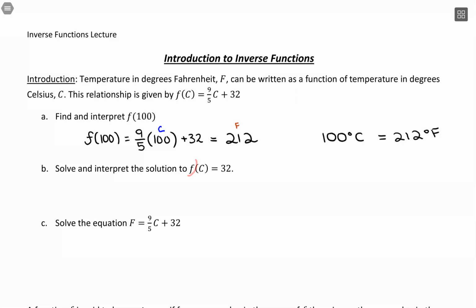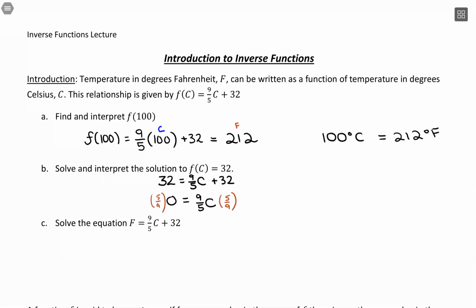So let's say I wanted to solve for Fahrenheit when Fahrenheit is 32 and I want to find what Celsius is. How we do this is we plug in 32 and we set that equal to 9/5 times C plus 32. I would subtract 32 from both sides of the equation. So 32 minus 32 will give me a 0 for 9/5 C. Then my step here would be to multiply by 5/9 so that my fraction totally cancels out.